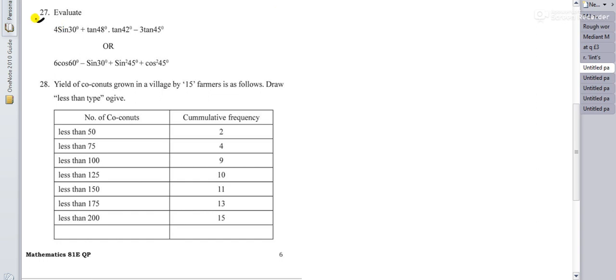Okay, so question number 27 is from trigonometry. You have two questions. Okay, I'll be solving both of them here. 4 sine 30 degree plus tan 48 degree into, okay, there is into, not minus, they've given dot, it means into tan 42 degree minus 3 tan 45.